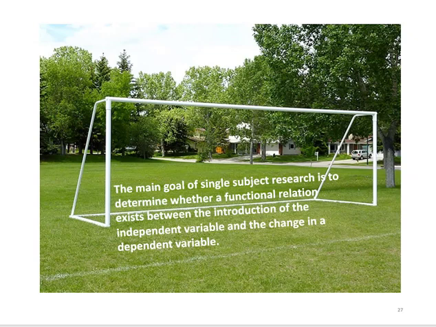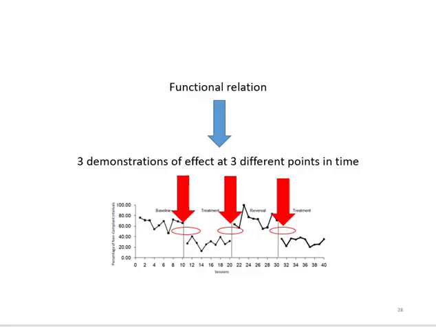The main goal of single subject research is to determine whether a functional relation exists between the introduction of the independent variable and the change in the dependent variable. A functional relation requires 3 demonstrations of effect at 3 different points in time.